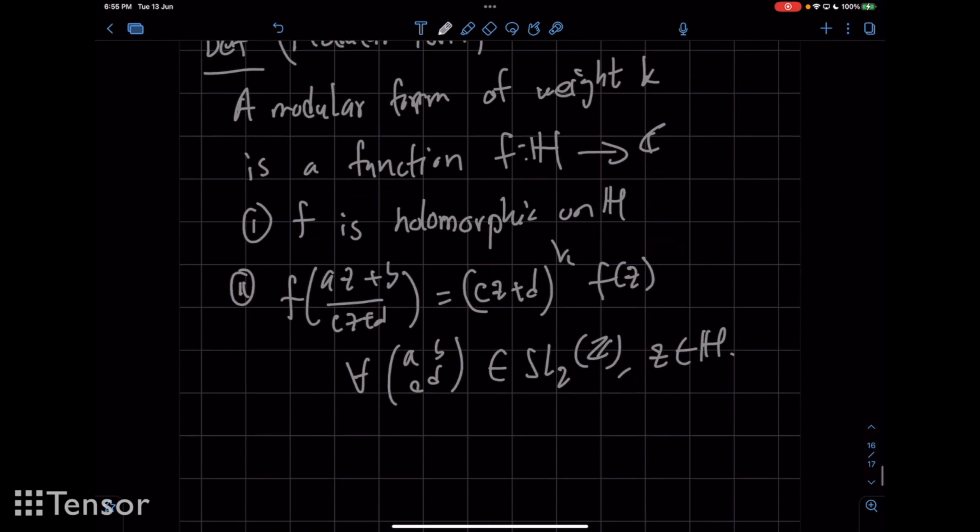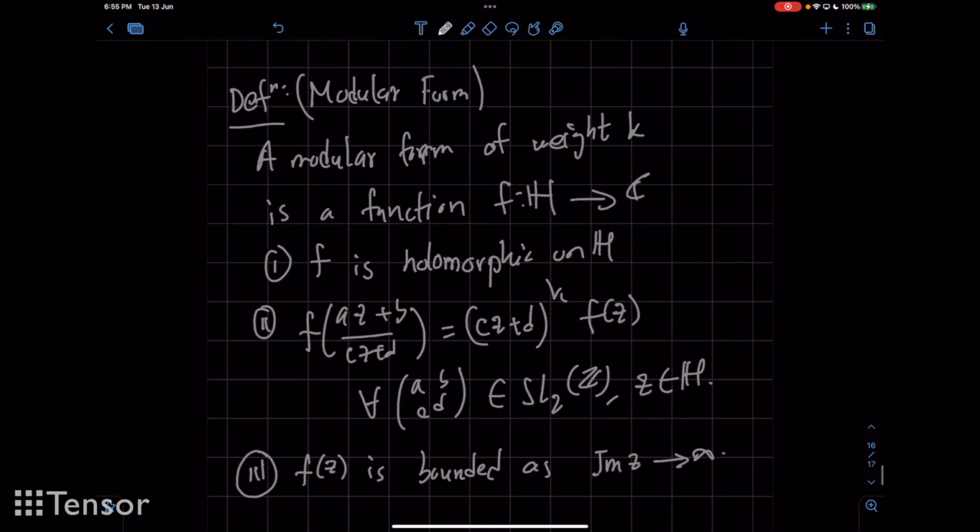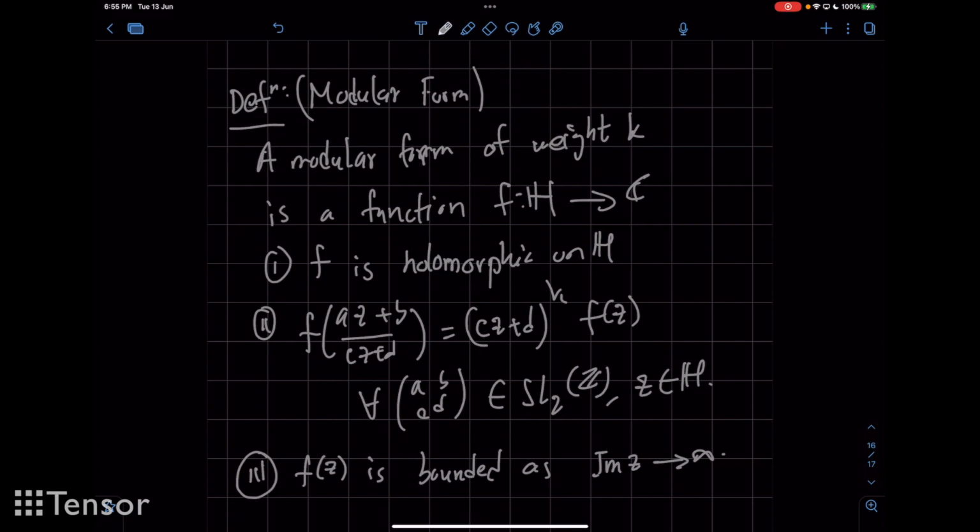The third one is that f of z is bounded as we go towards infinity through the imaginary axis, as the imaginary part of z goes to infinity. If a complex valued function satisfies these three conditions, we say that function is a modular form of weight k. Here the k represents the exponent of cz plus d in the modularity condition.